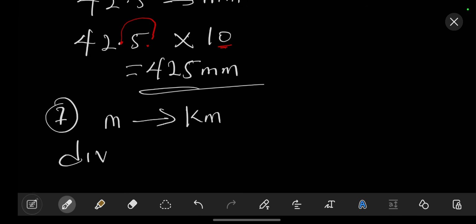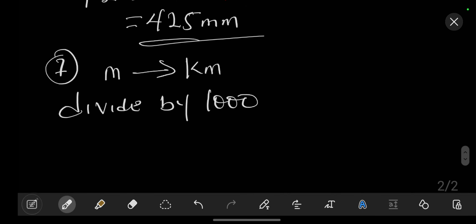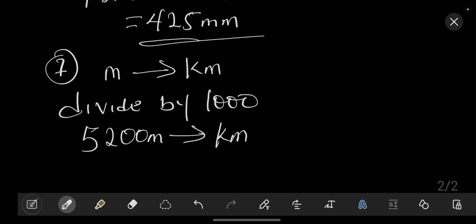So we divide the value in meter by 1000. So let's say, here's a random figure right now, I want to convert 5200 meter to kilometer. What do I do exactly?